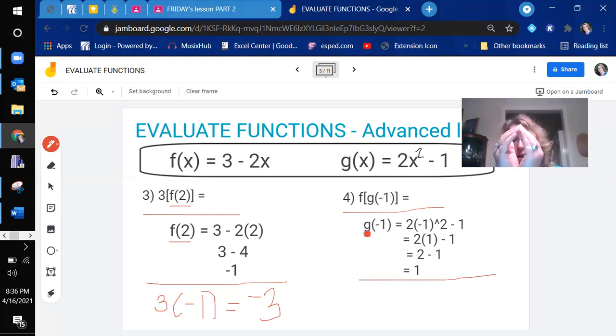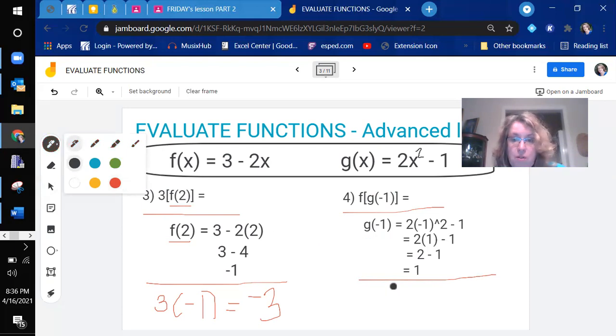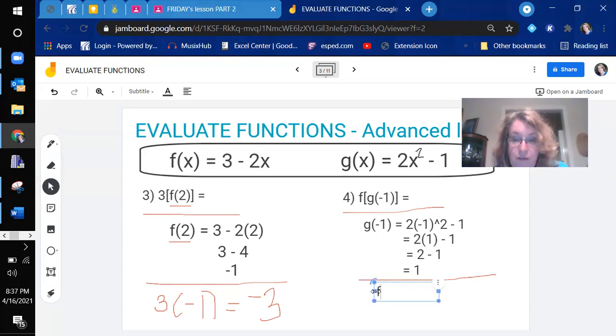So we're going to do the inside and then the outside. So now I'm ready to do this part. I have f of 1 is what we're figuring out there.